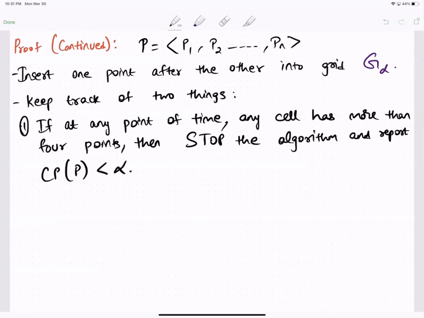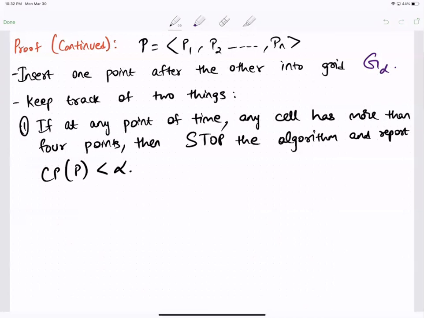Can you see why this is true? Because of the packing argument. Go back to the previous lemma and see. Because we are building the grid with parameter alpha, if there are more than 4 points, then we can confidently say that there is a pair of points in our set P whose distance is less than alpha. It's simply the packing argument.